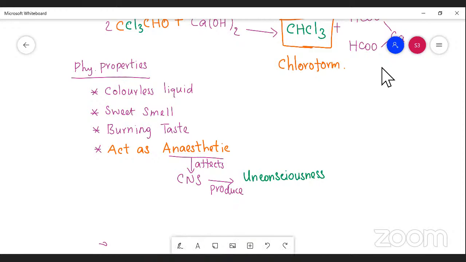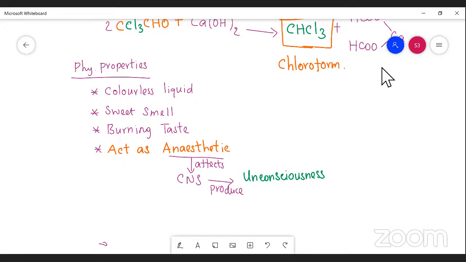Okay. Now, I asked one question previously. Is chloroform nowadays used as an anesthetic or not? Are you thinking about it? Then what is the answer? Yes, definitely it acts as an anesthetic. But it is not used for human beings. Why?